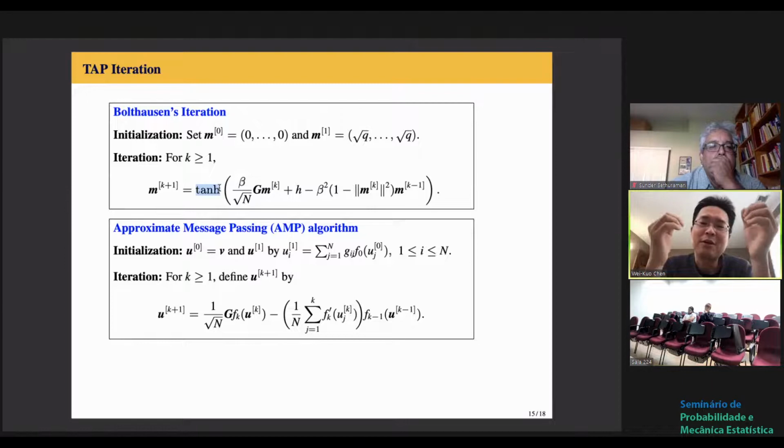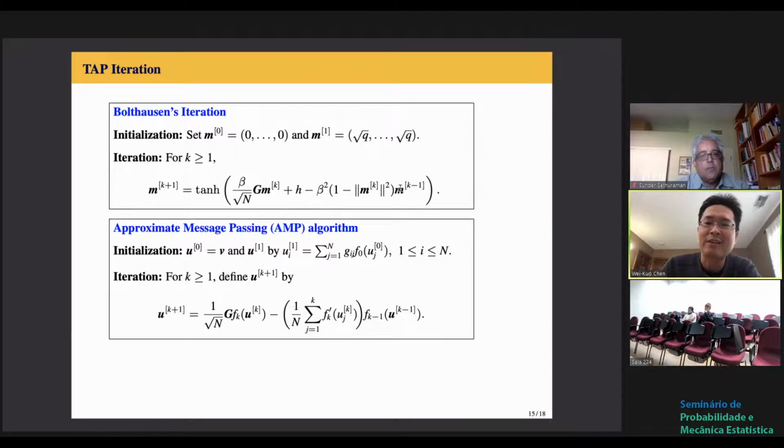As a matter of fact, you can generalize this iteration to a more general scenario, and in that case the iteration is similar to here. You start from some initial, but the initialization has to be done in 2 steps, U0 and U1. And then you define the iteration by this. In comparison, the first thing is the same as here.